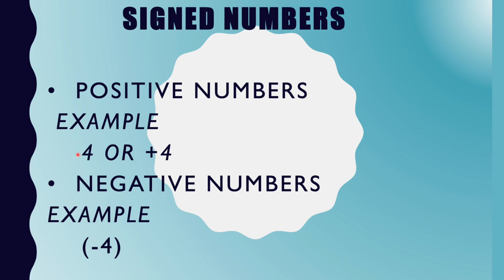So when you see just a number, then we assume it is the number 4. It's a positive number 4. Positive 4. Negative numbers you always have to write with the minus sign.